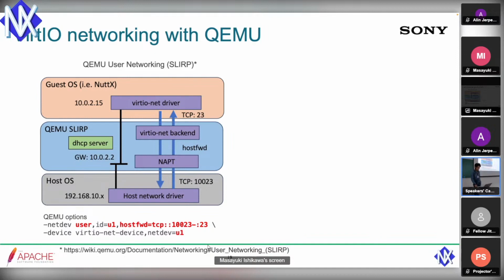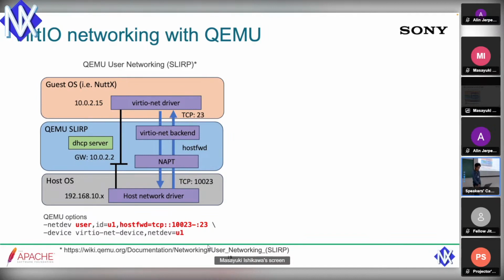The following QEMU options show user mode networking with the netdev user option, and port forwarding with the hostfwd option. The -device virtio-net-device option shows we use the VirtIO net backend on QEMU, which associates with the user mode networking by ID.